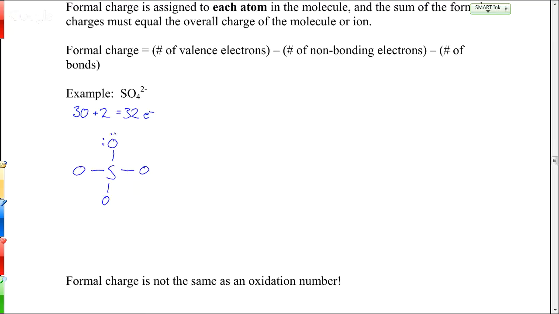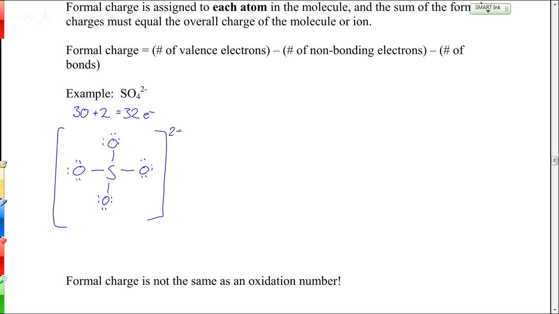So 10, 12, 14, 16, 18, 20, 22, 24, 26, 28, 30, 32. Then we check our octets. Everything looks good, right? Everything has an octet. You can count 8 electrons on each atom. So we're good. We put our brackets in. We've got a structure for sulfate ion, and yes, that's a Lewis structure for sulfate ion. That's fine.